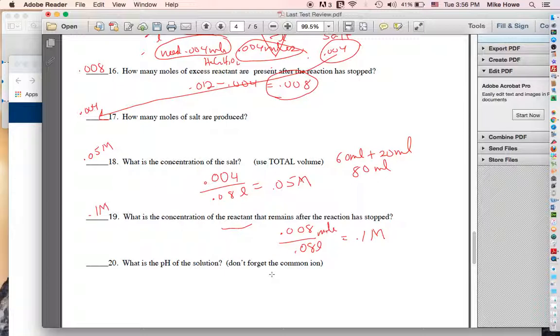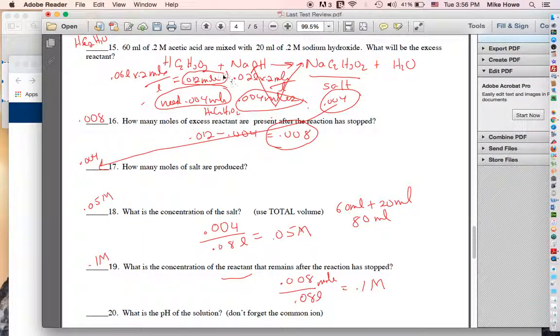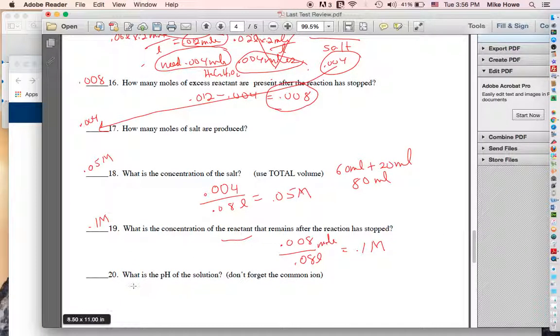Now we want to know the pH of the solution. Okay, so what was the extra reactant? The excess was acetic acid. Is that a strong or a weak acid? So you should have thought to yourself, it's weak.